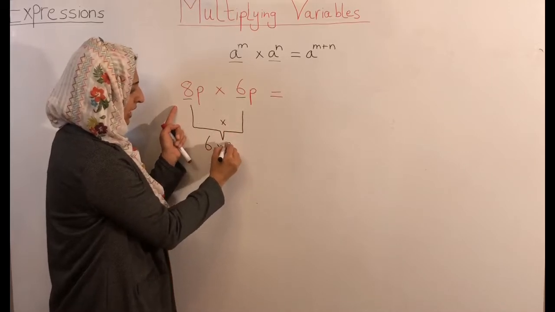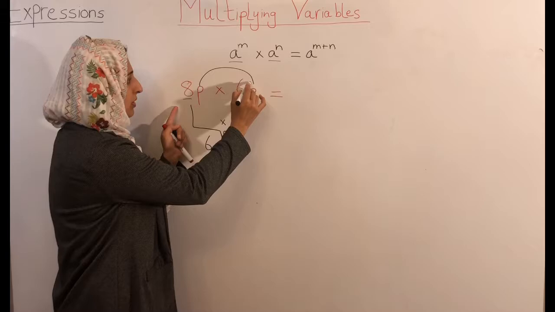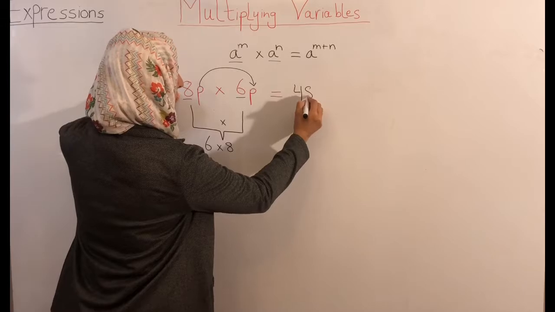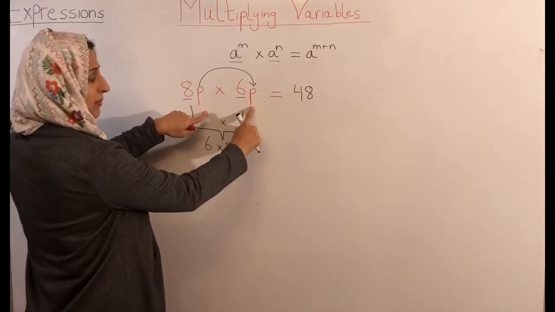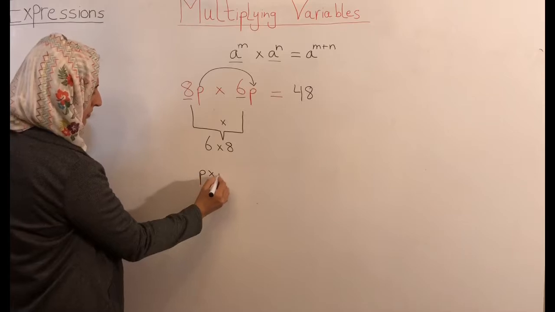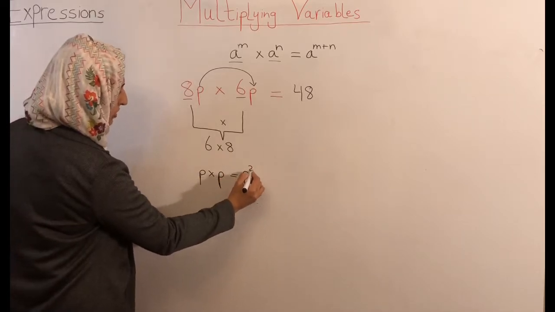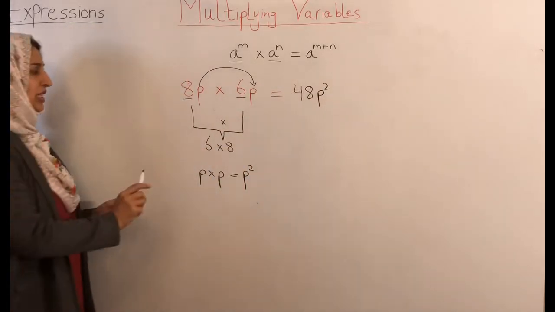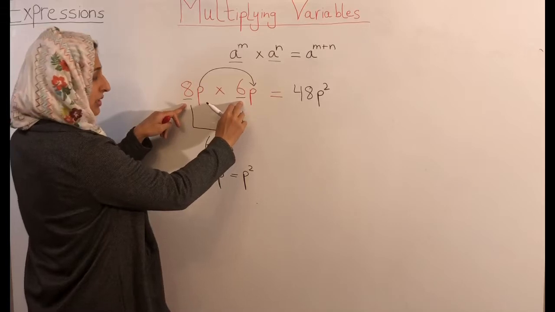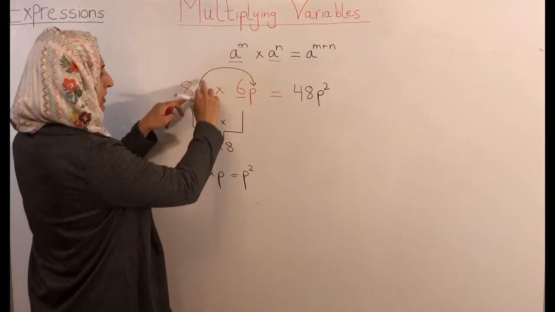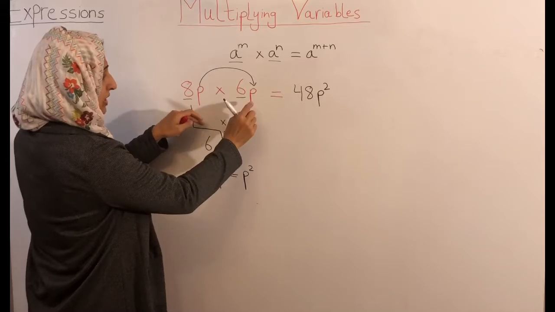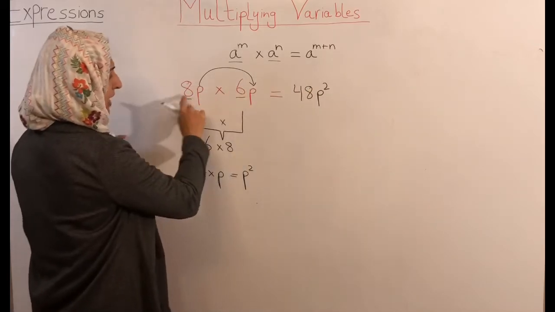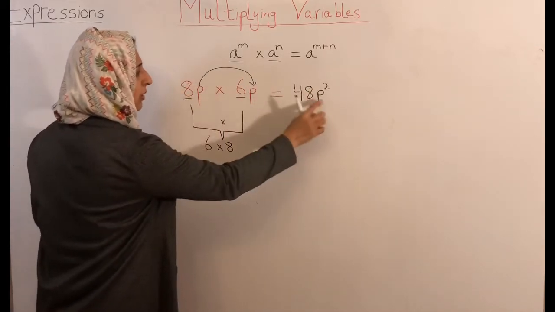So 6 times 8, 48, and then the letters, p times p, simple, p squared. So what will be the answer? 48 p squared. What we did was multiply the numbers at the front, and then multiply the variables, because they have the same base, so their powers will be added. So 6 times 8, 48, p times p, p squared.